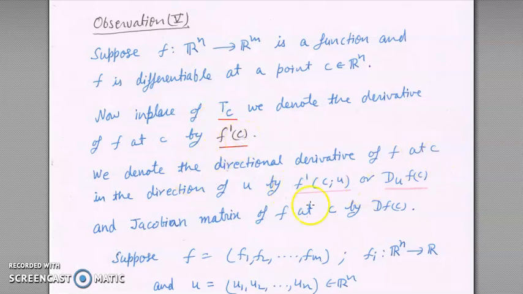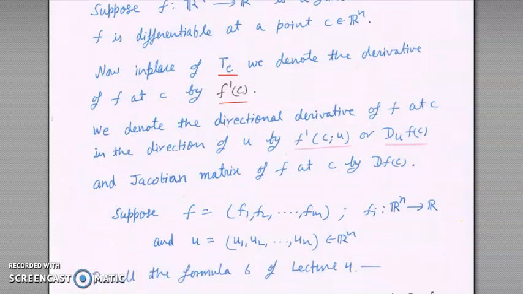Now the directional derivative of f at c in the direction u, we are denoting it f'(c; u). Some books also denote it as D_u f(c). So if somewhere you see D_u f(c), don't be confused. It is just the directional derivative of f at c in the direction of u.